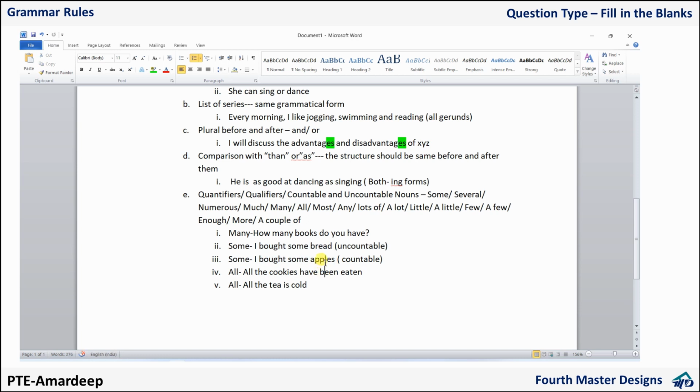Then what else you have to keep in mind when you know the word but you are not sure? Sometimes students do not keep modals in mind, with can, with should. He can do this, he should do this.